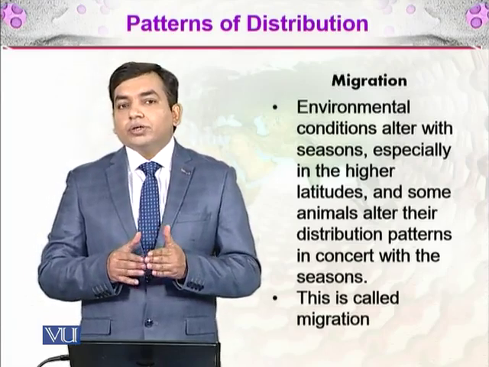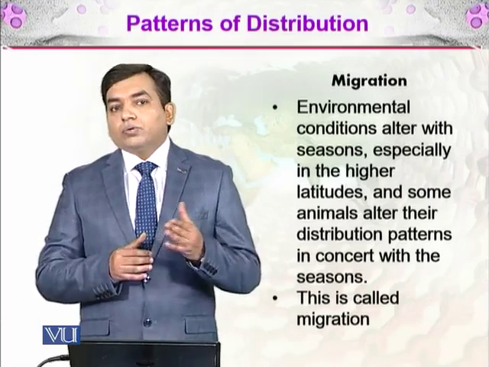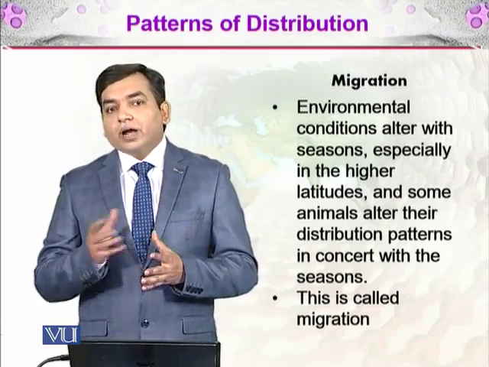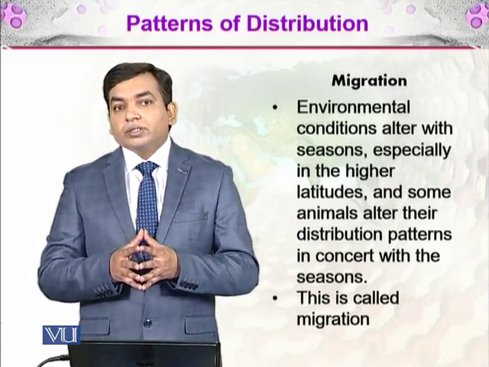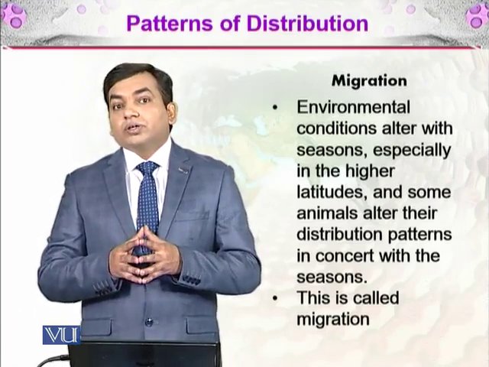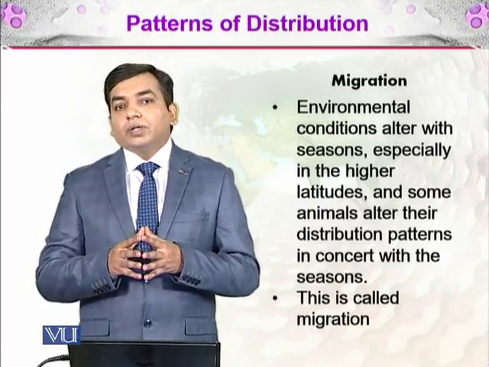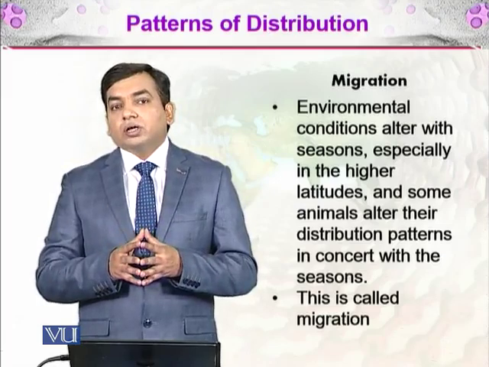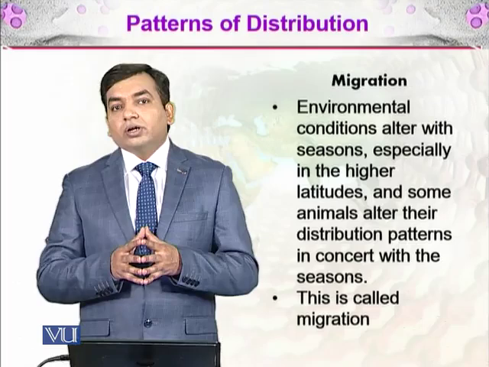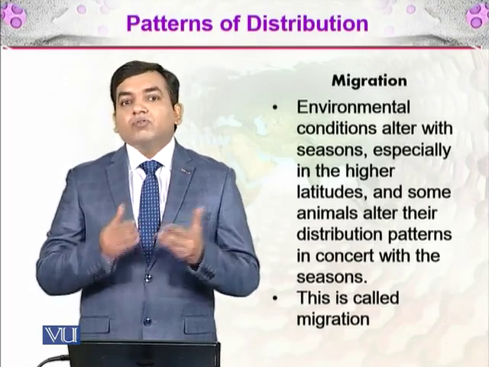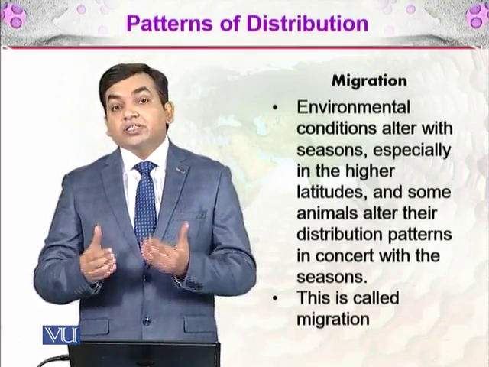But if you are going towards the higher latitudes, towards the poles, the Arctic region or Antarctica, you would see that the weather patterns change very drastically throughout the year. To avoid those climate changes, to lessen the burden on their bodies, some of the organisms migrate, and this is called migration.